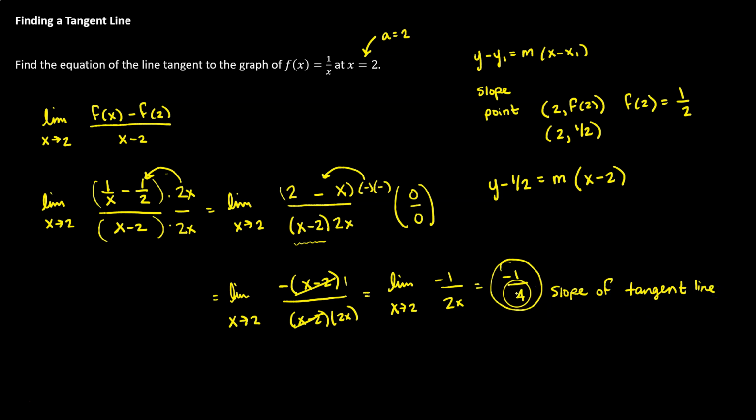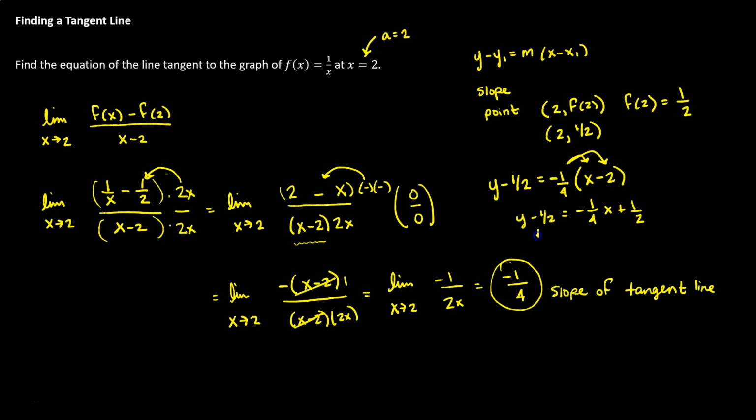That's the last piece we needed to finish the equation for our line. We can replace the m, which is the placeholder for slope, with -1/4, and then we can clean this up. So we can distribute our -1/4 into the parentheses here, so that we'll have y minus 1/2 equals -1/4 x plus, don't forget I have a negative out here and a negative here, that would make a plus 2/4, which simplifies to be 1/2.